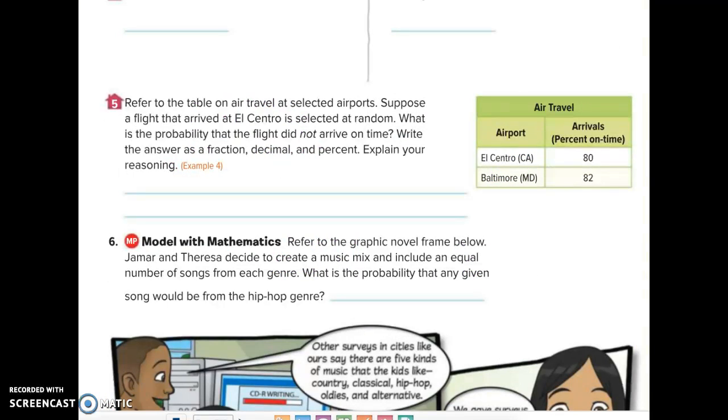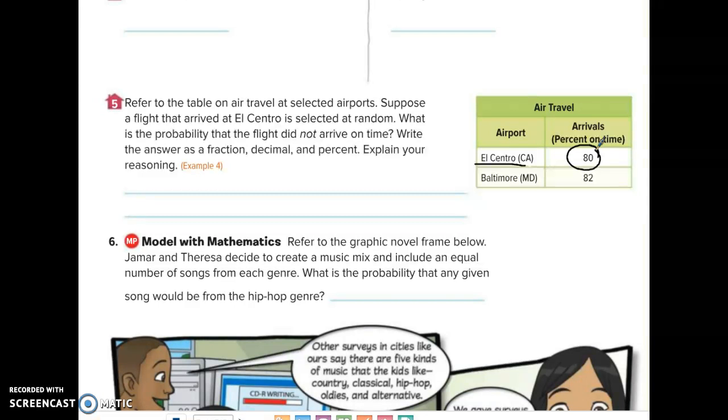Okay, so number 5, it says refer to the table on air travel at selected airports. So suppose a flight that arrived at El Centro is selected at random. What is the probability that the flight did not arrive on time? Write the answer as a fraction, decimal, and percent. Explain your reasoning. Okay, so we're going to look at our table, and we see that El Centro, the percent on time is 80%.